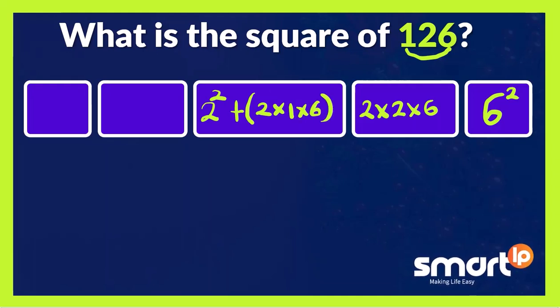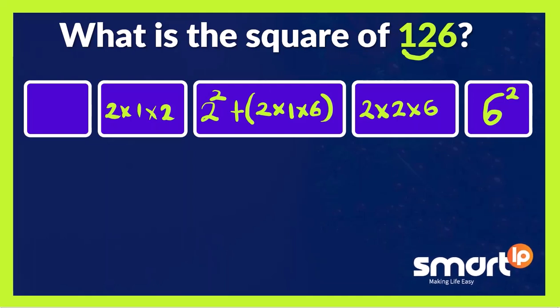Okay, you got that? Amazing. Very good. So the next step is to take the first and the second digit and multiply them by 2. So you have 2 multiplied by the first digit multiplied by the second digit. That's 2 times 1 times 2.